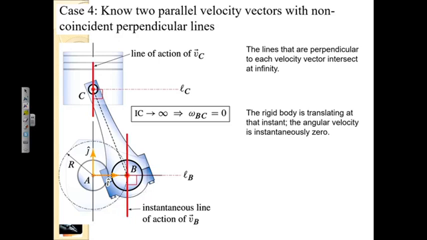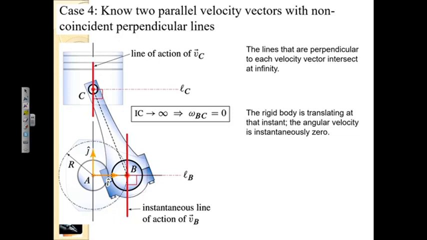So if there's no intersection point, these guys have no instantaneous center. Therefore, there's no point in space that looks like these things are rotating around it. Therefore, this body is not rotating.